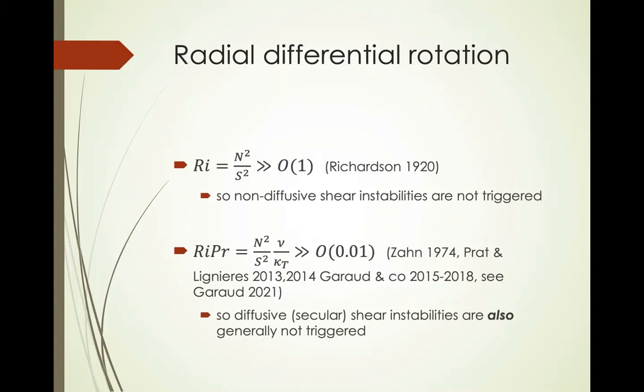And the new criterion is that the product of the Richardson number and the Prandtl number, where the Prandtl number is the ratio of viscosity to thermal diffusivity, that product should be smaller than about 0.01 for diffusive shear instabilities to proceed. And that has now been confirmed by a number of people, including our group. Unfortunately, in stars, this product is still much greater than about 0.01. And so diffusive shear instabilities are also not usually triggered.